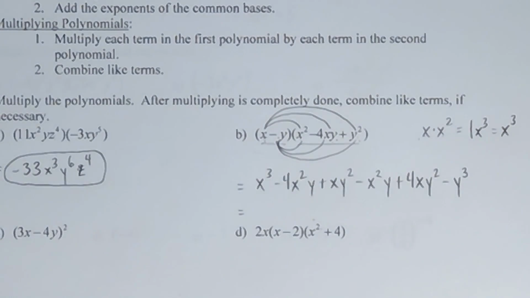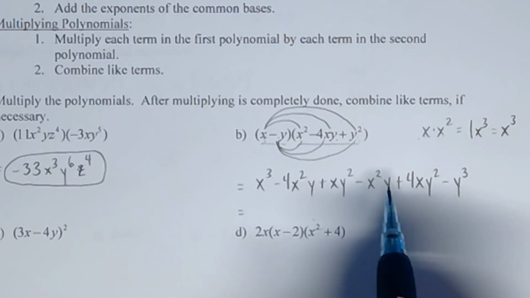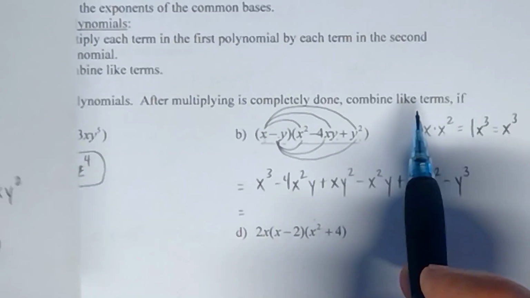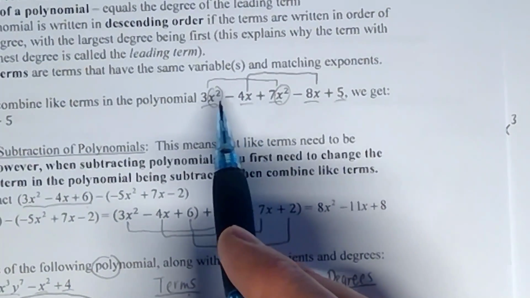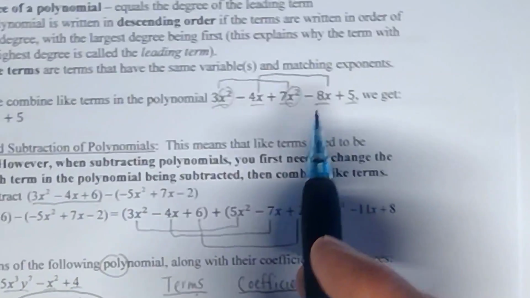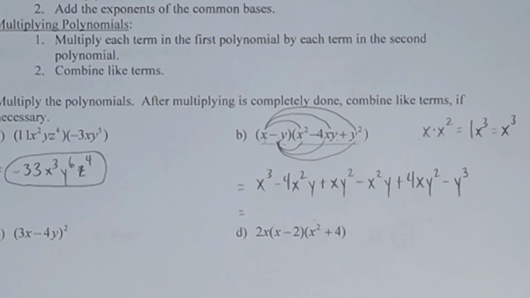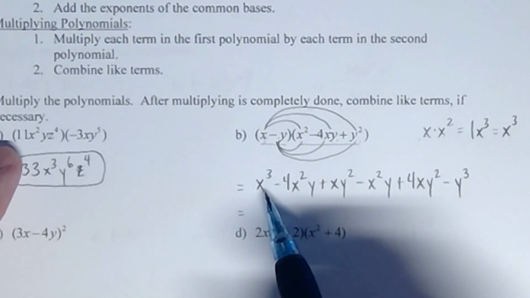And when that happens, if there are some like terms, we then go ahead and combine those, just like it tells us up here. After multiplying is completely done, combine like terms. But also, just like it's done in this problem, you just combine the like terms, and then you'd have your final answer. We're going to do the same thing in this current problem, x to the third.